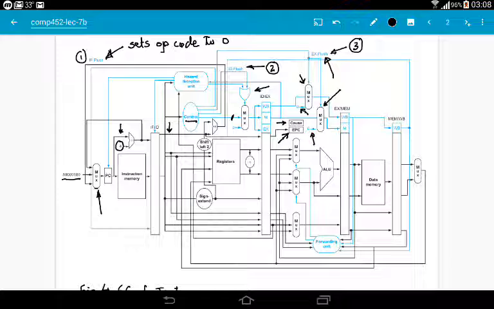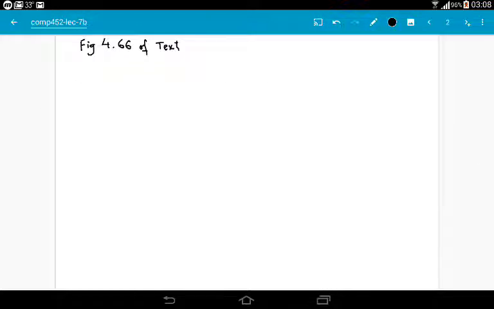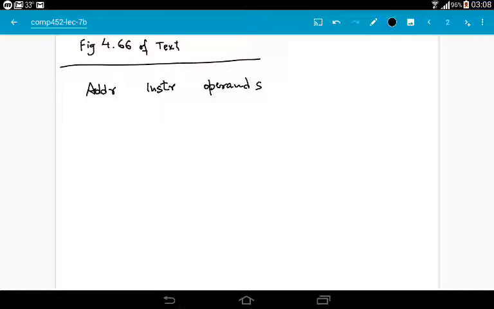Let's take a look at this example. So we have this instruction sequence. Let's write it here. Here we have addresses, here we have instructions, and here we have operands. All the addresses are in hex.